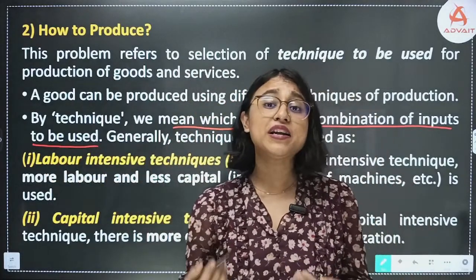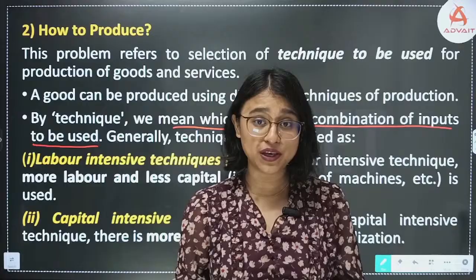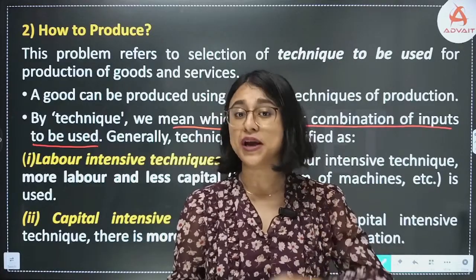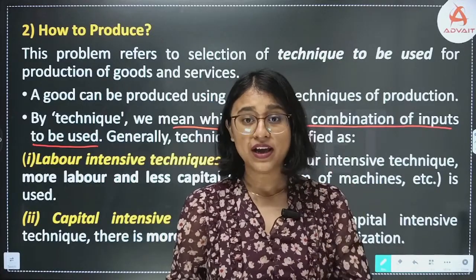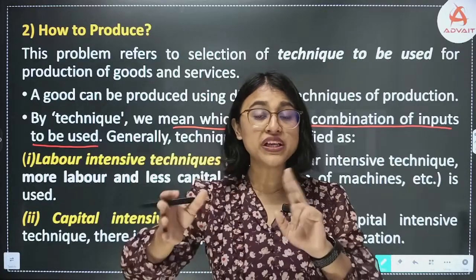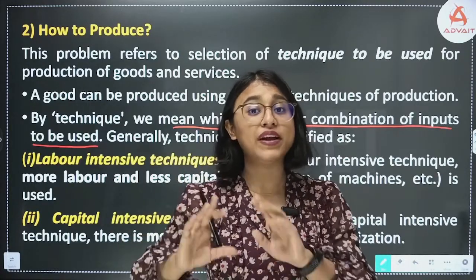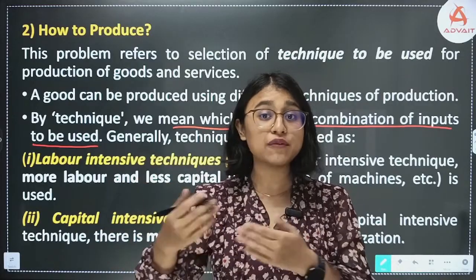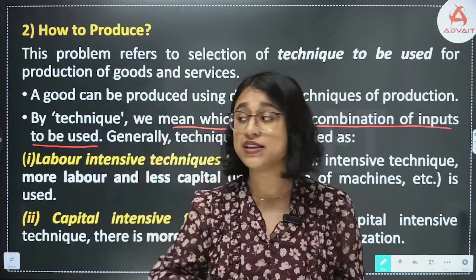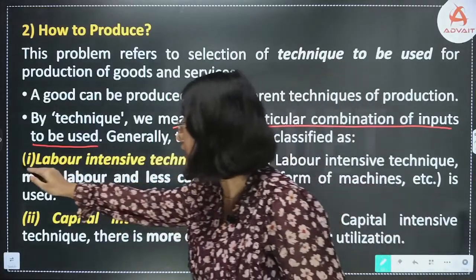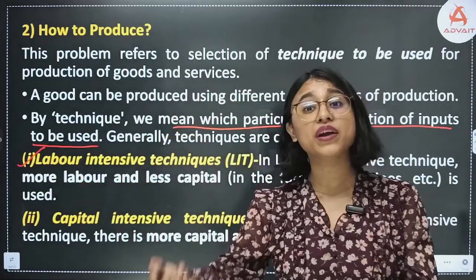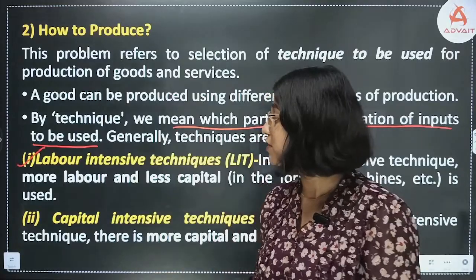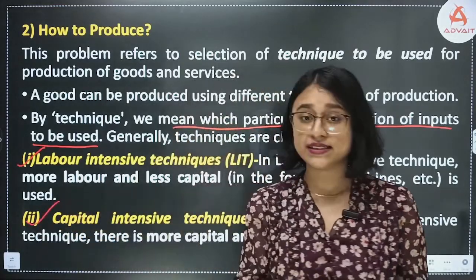Which particular combination of inputs to be used? Usually, there are two types of inputs, labor and capital. So which particular combination means whether we are going to use more labor, less capital. When we use more labor, less capital, it is labor intensive technique. When we use more capital, less labor, it is said to be the capital intensive technique.